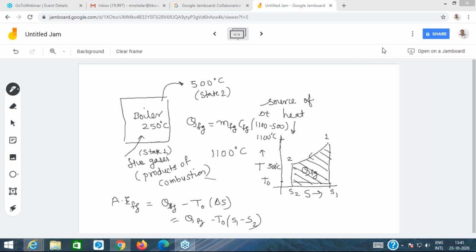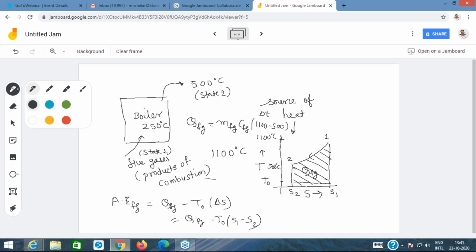And what would be that temperature? Let me use another pen for that. If I want to show the temperature of the boiling water on a temperature entropy diagram, I'm using a red pen now. Let us say this is your temperature, which is 250 degrees centigrade.